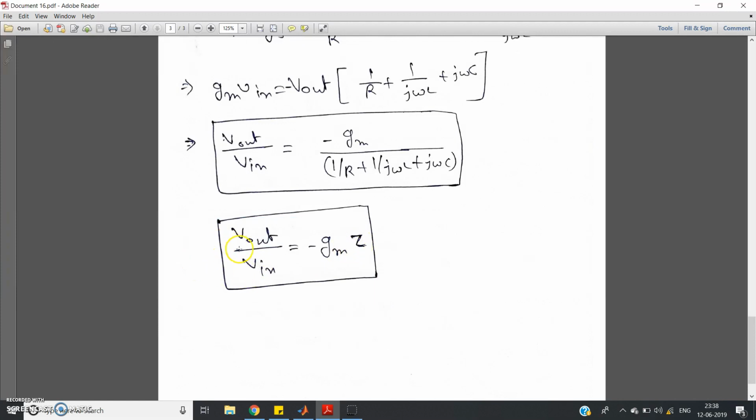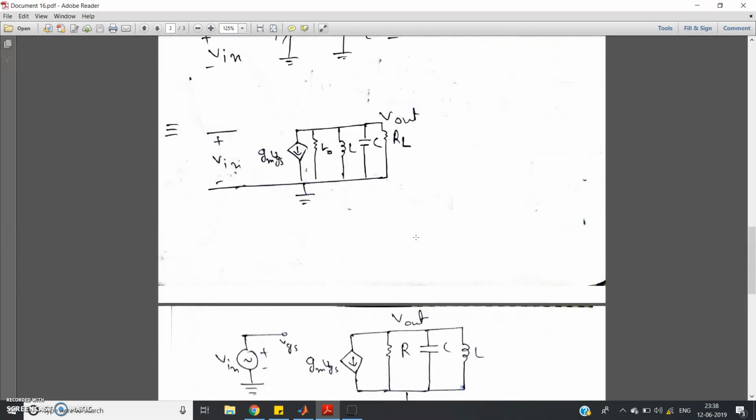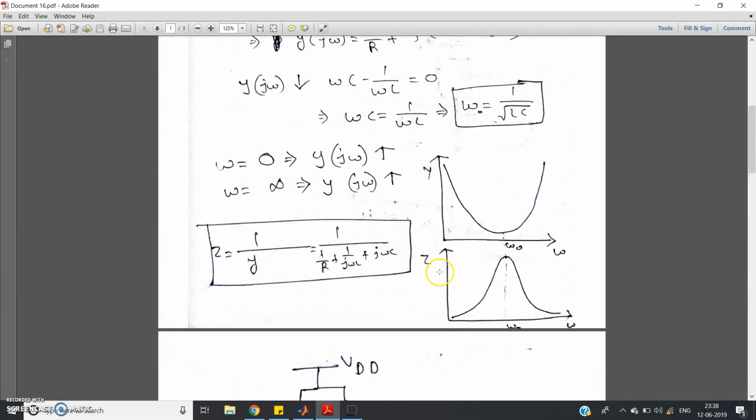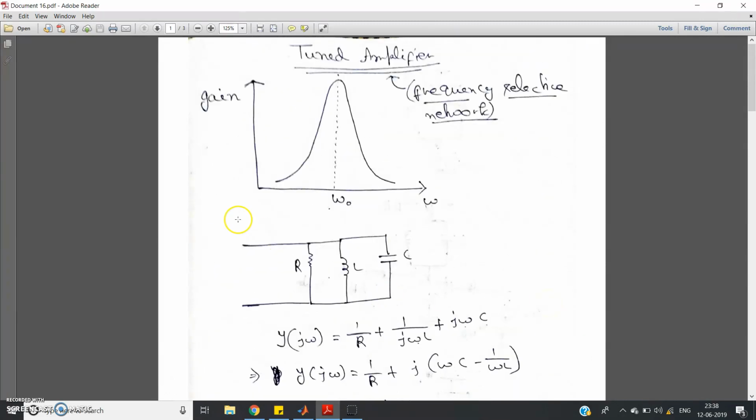So the gain will also vary like the impedance variation with respect to frequency. As the gain is dependent on Z, and the Z versus omega curve looks like this, we get the gain versus omega curve also looking like this.